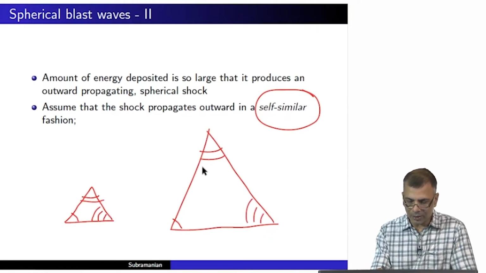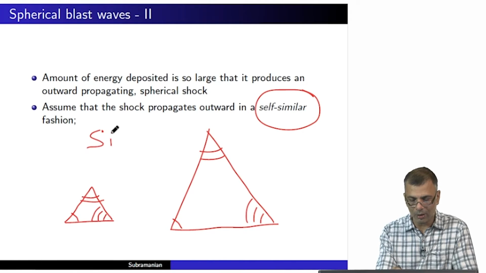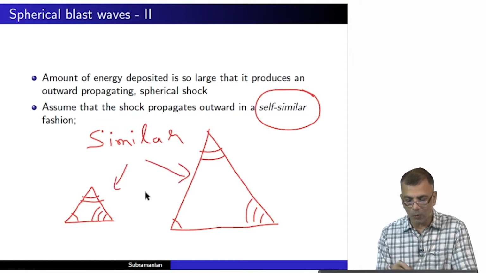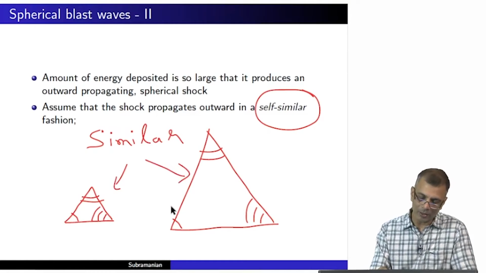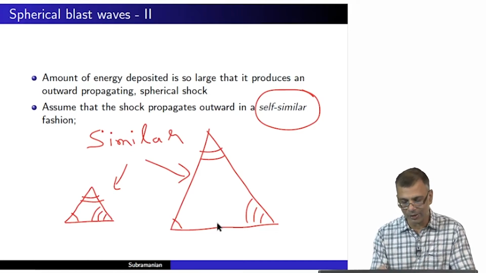So this is simply a larger copy of this. In what sense are they similar? In that this is simply an enlarged, blown up copy of this. The angles are the same, right?